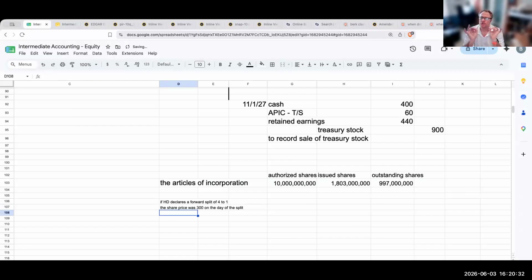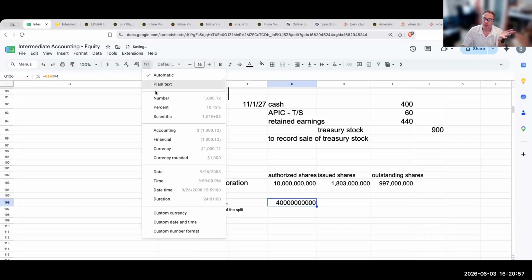Now, from a journal entry standpoint with stock splits, we don't do anything, but this is going to impact our authorized, issued, and outstanding shares. If I'm doing a 4-for-1 split, I'm taking away that one share and coming back with 4.